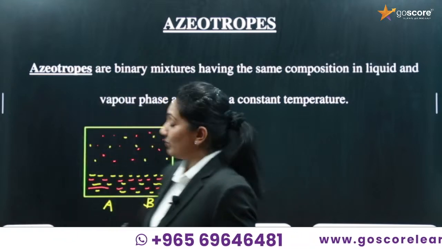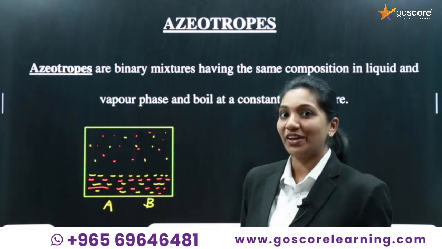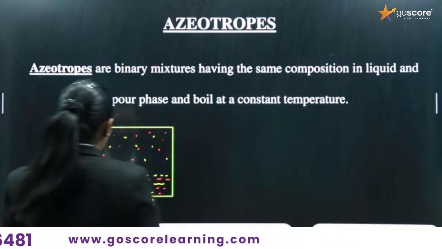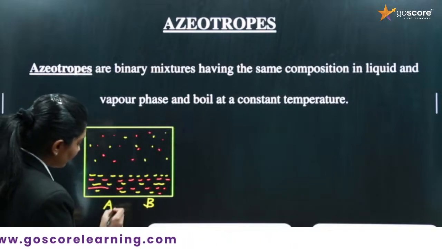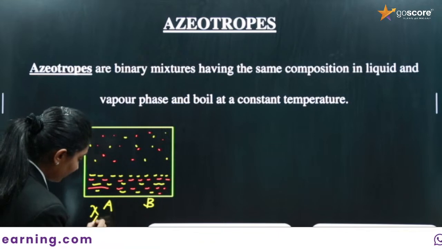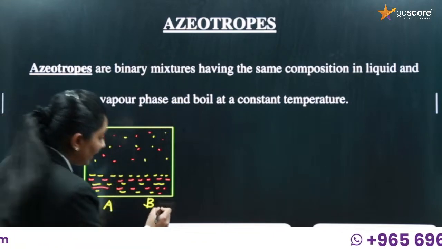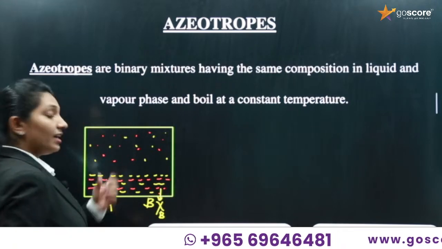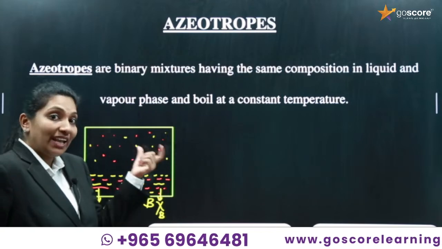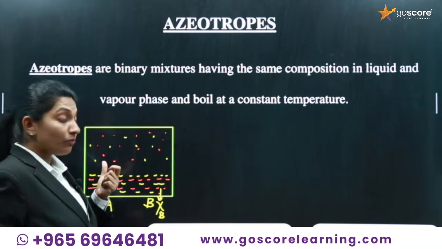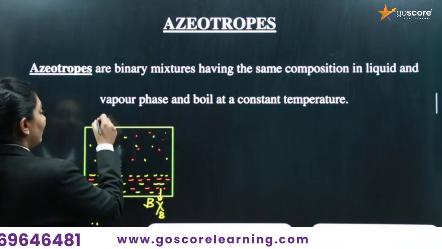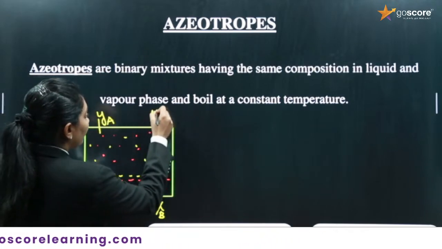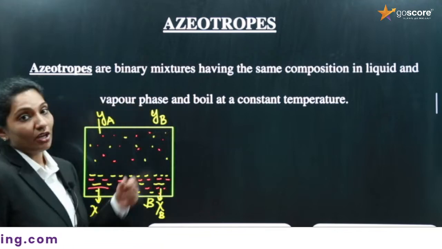In the second part we discussed Raoult's law, where we discussed the mole fraction and everything. I hope it's all clear for you. For component A, the mole fraction in the solution is chi A, and for component B it is chi B. The mole fraction of component A in the vapor phase is YA, and for component B in the vapor phase is YB.